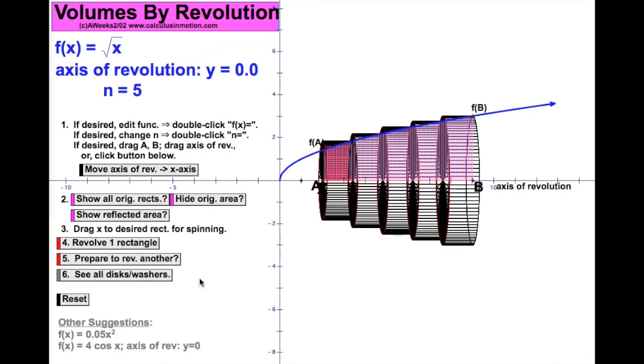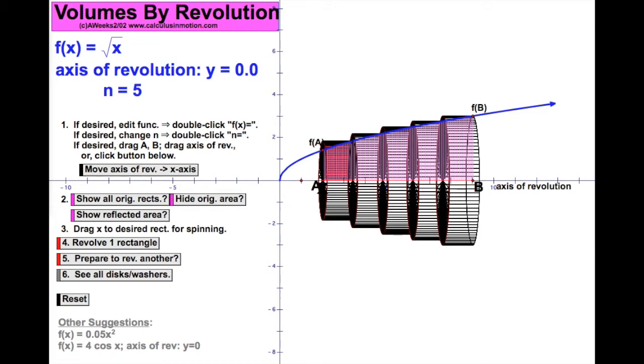Now, if instead of just having 5 cylinders, we have infinitely many, the height of these cylinders will become infinitely small. We will write it dx, and we'll have an integral instead of just a sum of 5 objects.